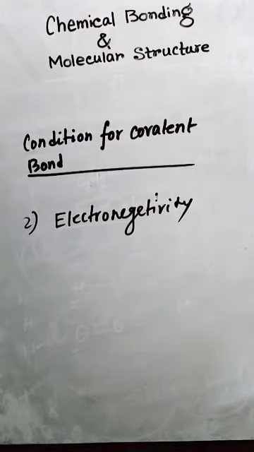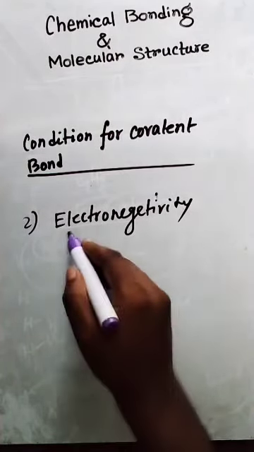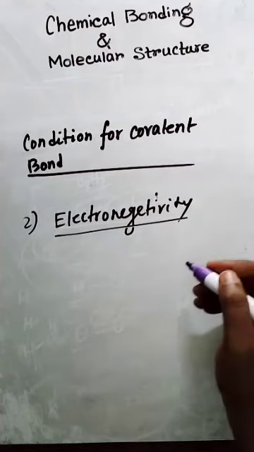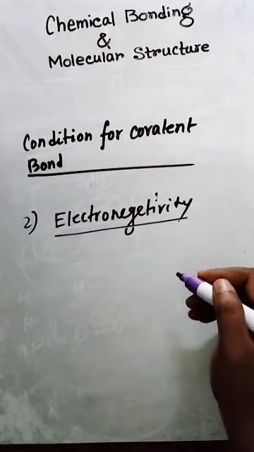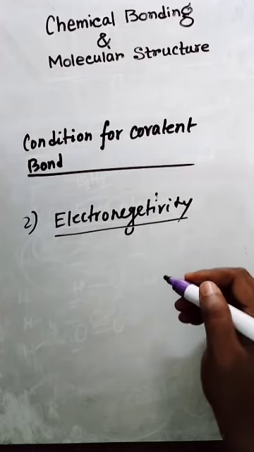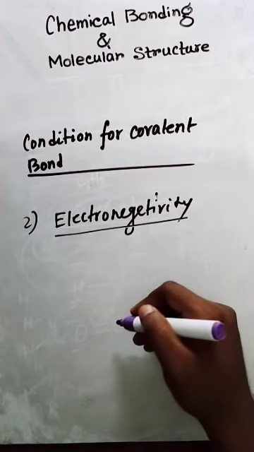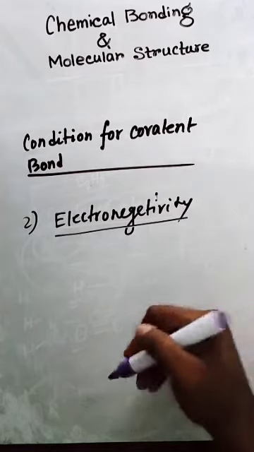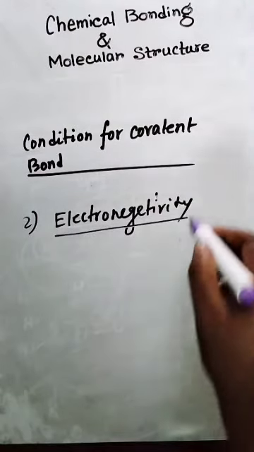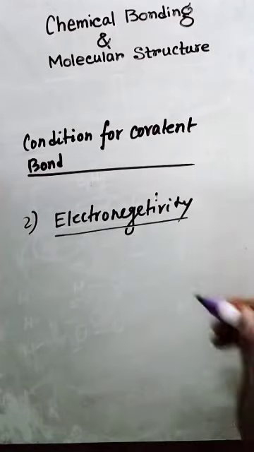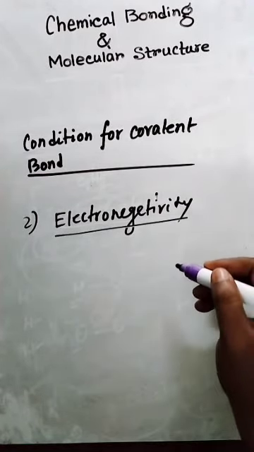For covalent bond, the second important factor is electronegativity. Actually, for ionic bond, when the cation and anion have a greater difference between them, they produce a stronger ionic bond. But in the case of covalent bond, it is just the opposite.